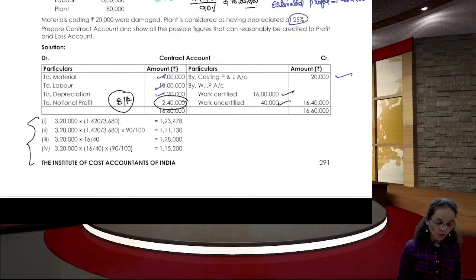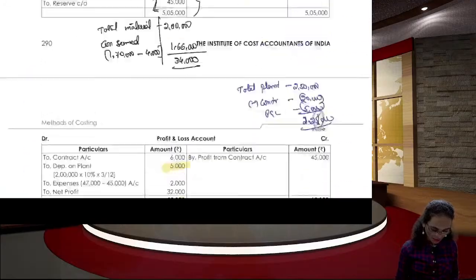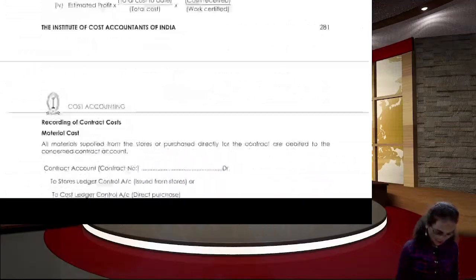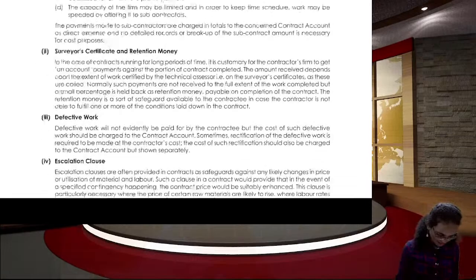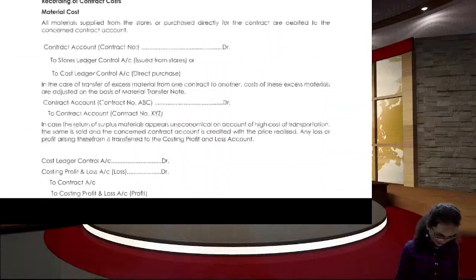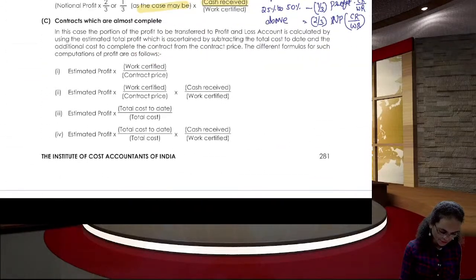But these are the 4 formulas. Based upon that, you need to transfer to P&L. How? There is a formula. I'll show you the formula.